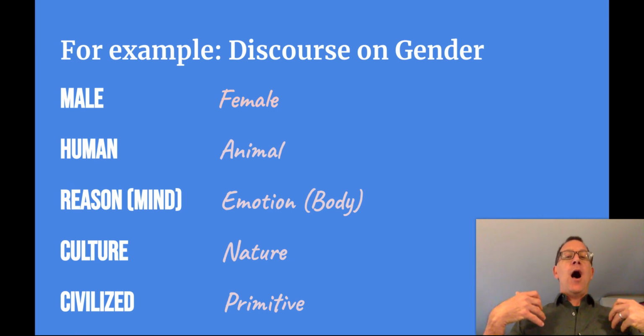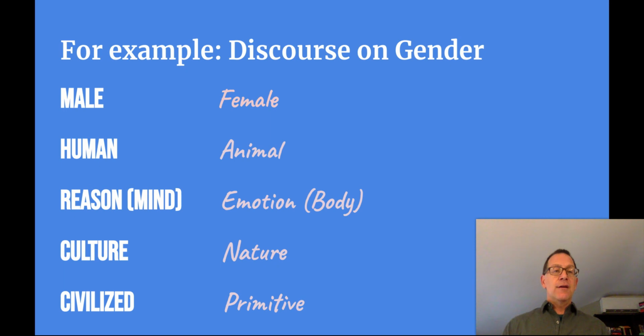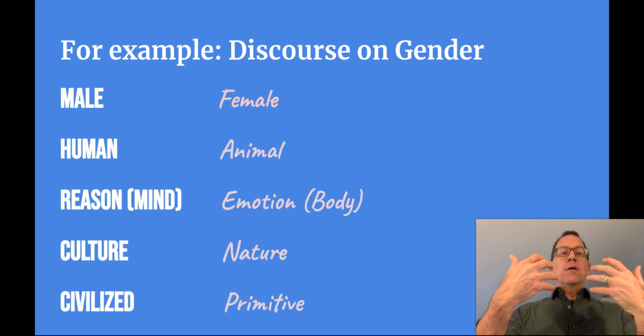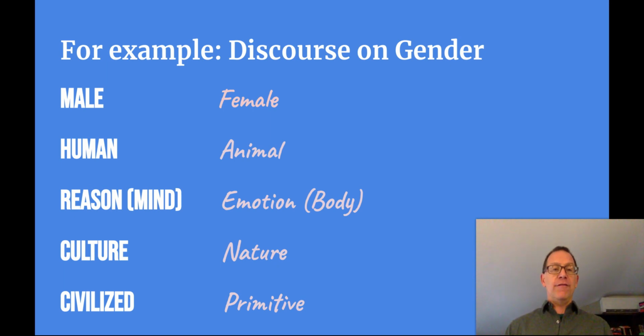So that if you were a man in the time of Aristotle, you thought of yourself or conceived of yourself as more human than women on account of the fact that you had this thing called reason that allowed you to be able to transcend the impulses of the body, the emotions, the passions, appetite, what have you, that gave you the agency to be able to create culture, to transcend your natural animal condition and create this glorious thing called civilization, right?